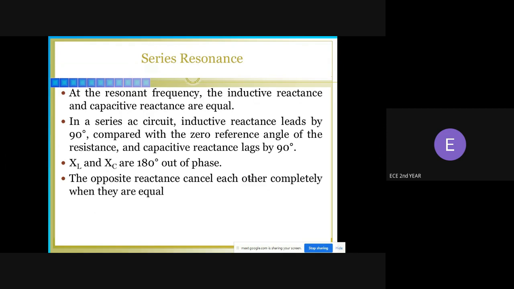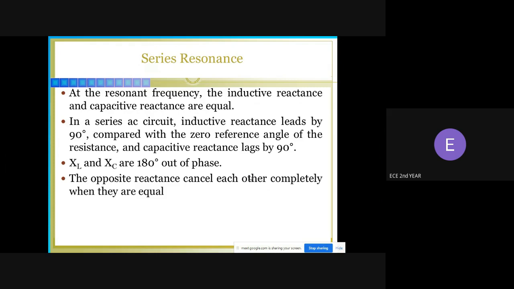At the resonance frequency, the inductive reactance and capacitive reactance are equal. We already discussed XL equals XC at the resonance condition. In a series AC circuit, the inductive reactance leads by 90 degrees compared with the zero reference angle of the resistance, so we take the resistance as the reference.